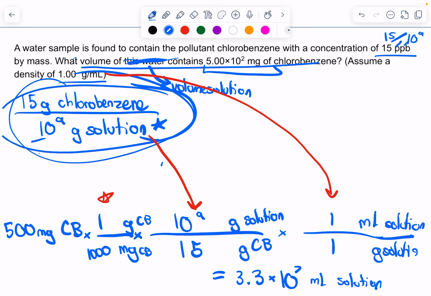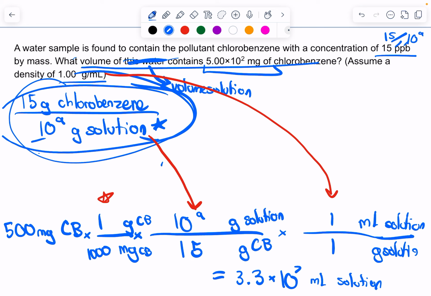So just for interest's sake, I'm going to put this back into liters. And there's about 4 liters in a gallon. So that is basically like 8,000 gallons. What was the question? 500 milligrams.